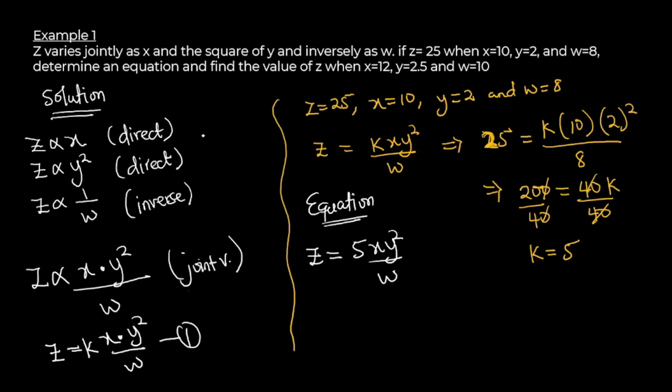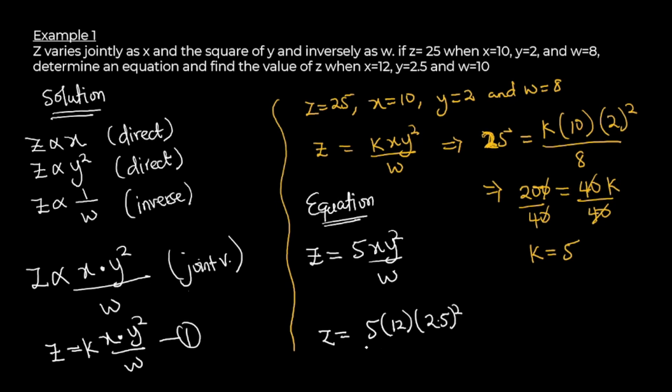Now let's continue with the latter end of the question. We are to find Z when X is 12, Y is 2.5, and W is 10. This is easy. So our Z is equal to 5 multiplied by the value of X, which is 12, then again multiplied by the value of Y, which is 2.5.